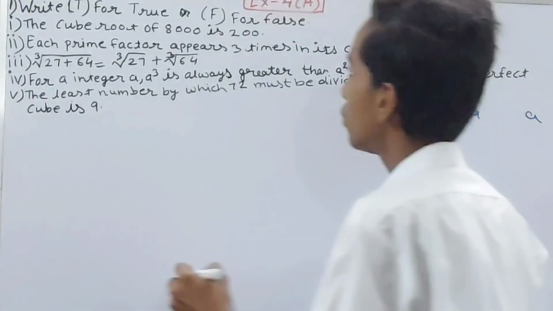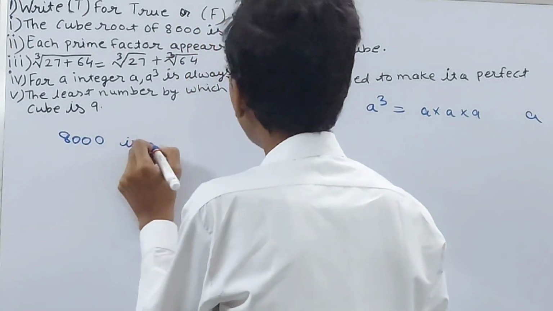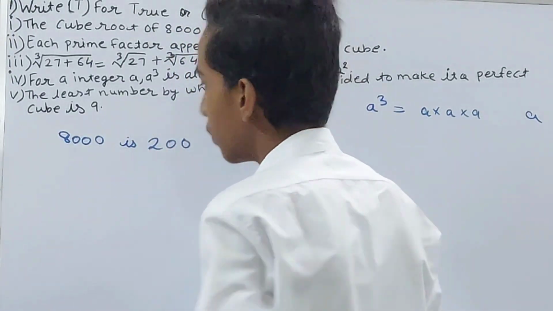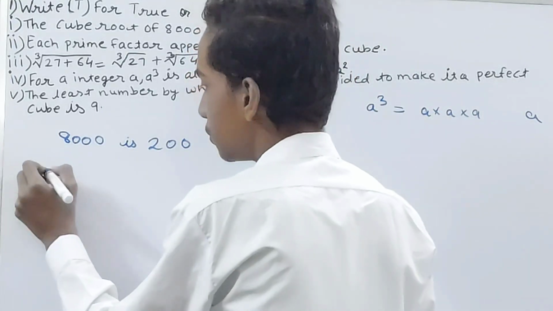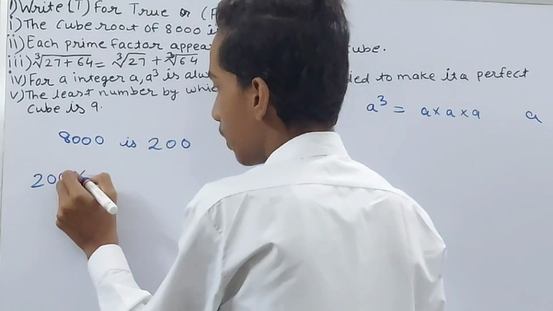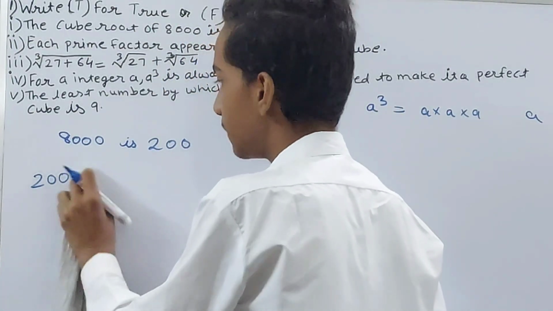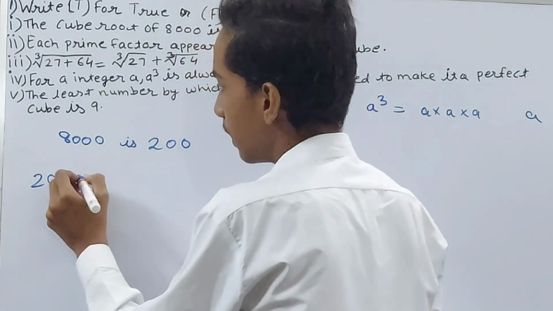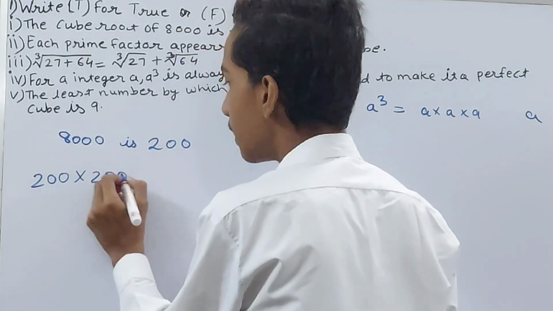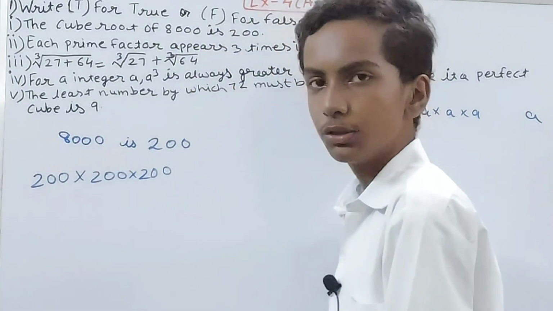See, first is, cube root of 8000 is 200. If I write it this way, this will be 200 into 200 into 200. This should give me 8000.